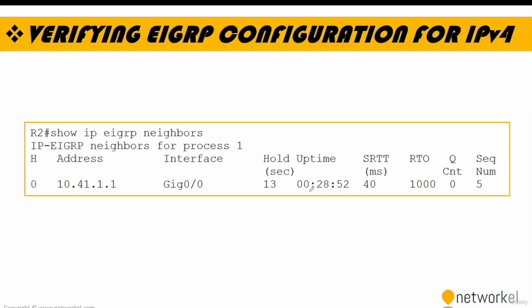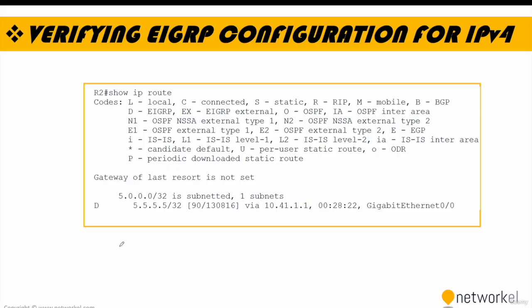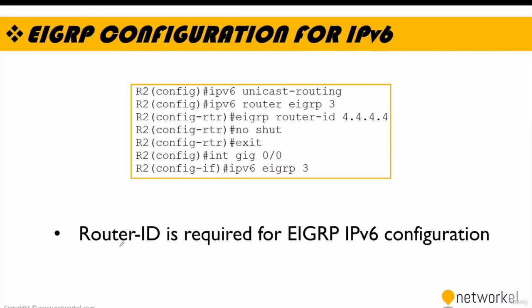If you just want to verify your EIGRP neighbors, the command is show ip eigrp neighbors. It will show you the other routers running EIGRP that formed a neighborship with that particular router. Also, again, we have our show ip route command output that we have reviewed already.